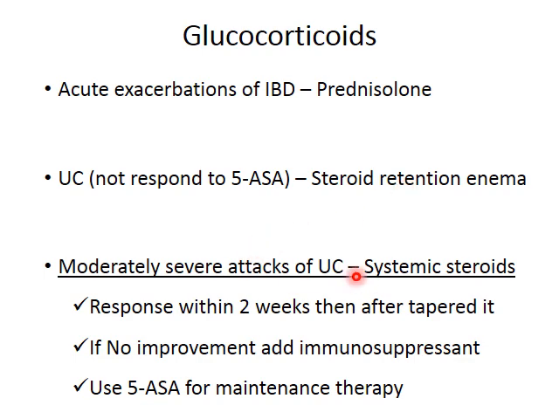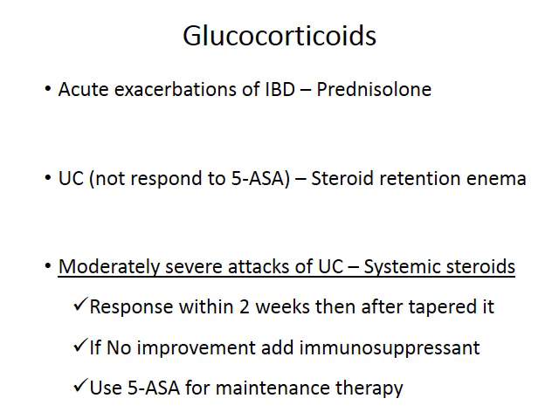While moderate to severe attacks of ulcerative colitis are treated with systemic glucocorticoids, they are administered by the oral route. Their anti-inflammatory response appears within 2 weeks. Once remission has been attained, the doses can be tapered.